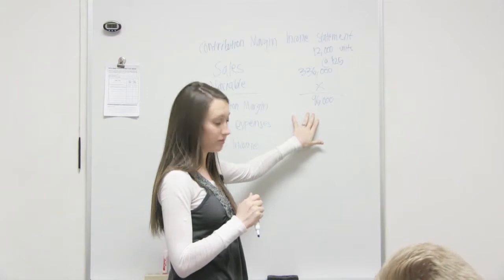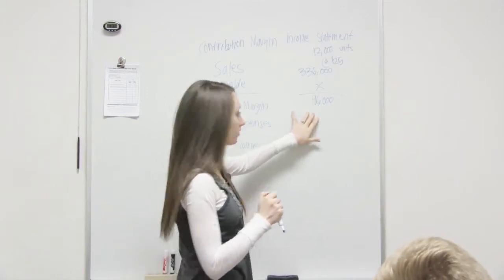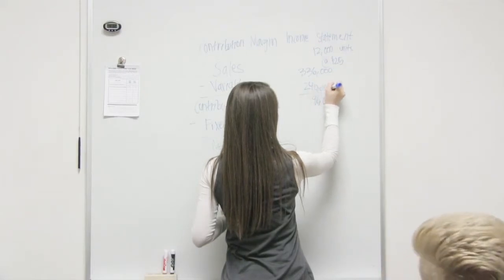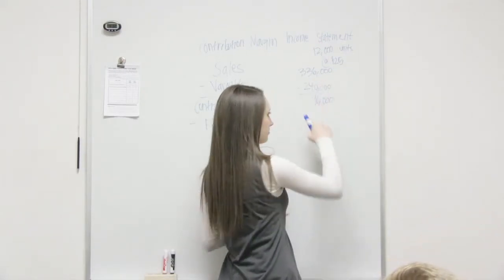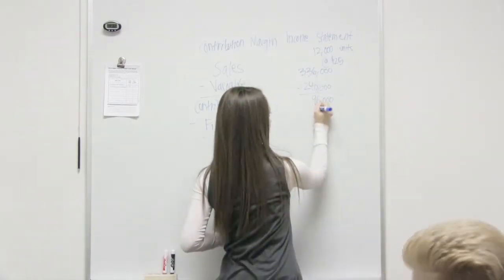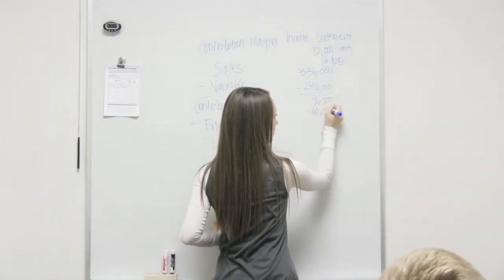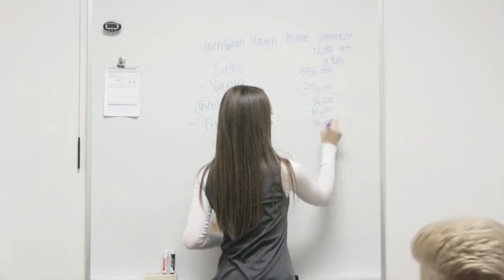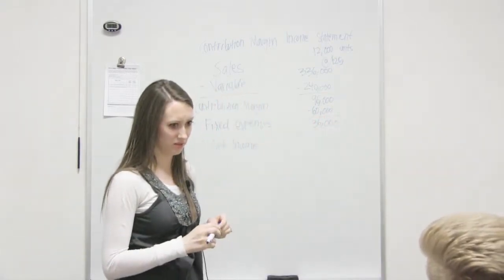Yeah, you just move stuff around too. That's where you get the 240, that makes sense. Okay, so this is 240, and it was 300,000 for the 12,000 times the 25, so that means there's 60,000 left that are fixed expenses. So 36,000 would be your net income.